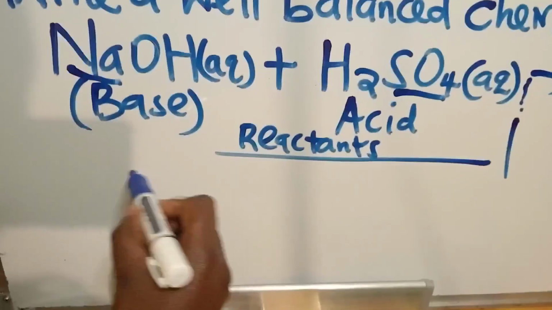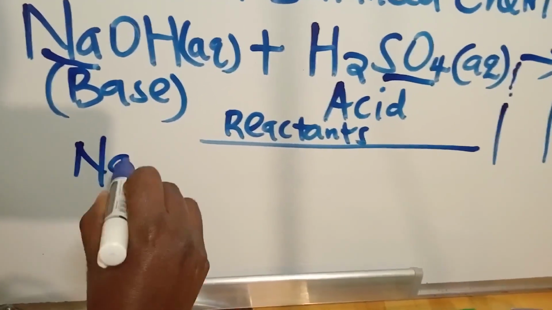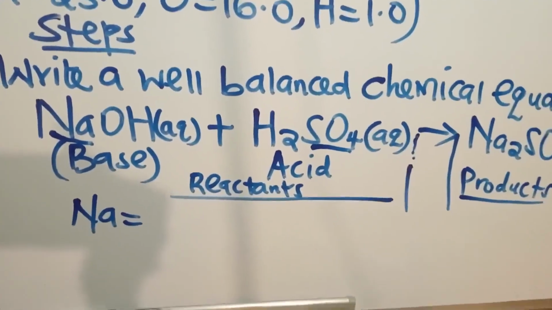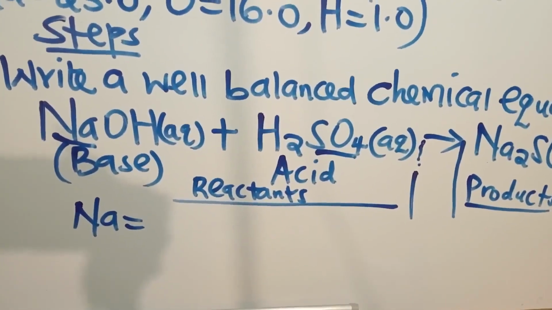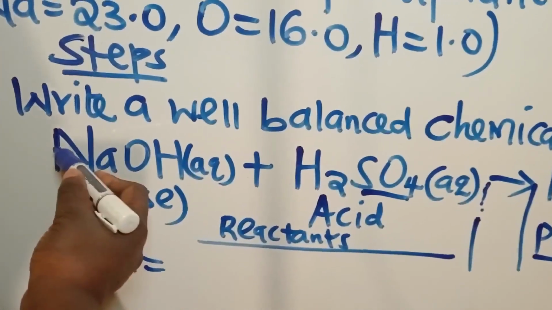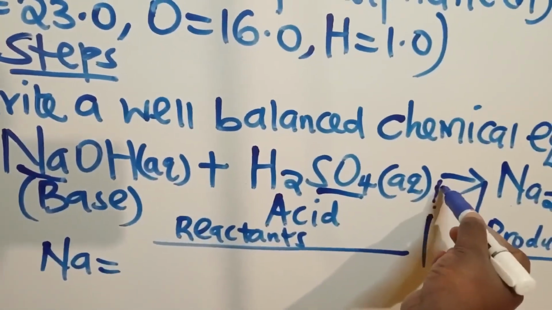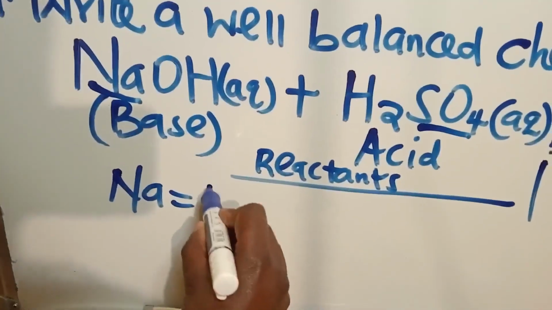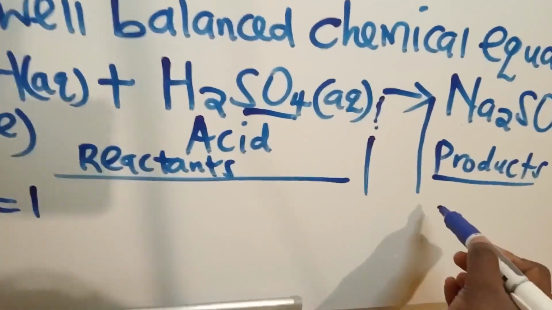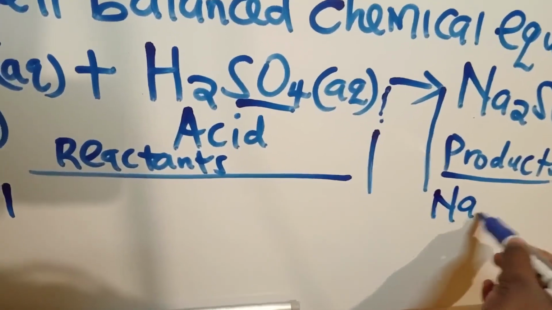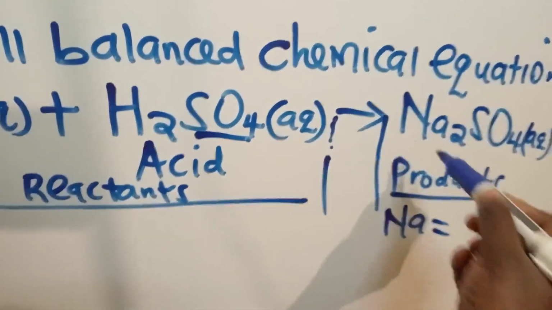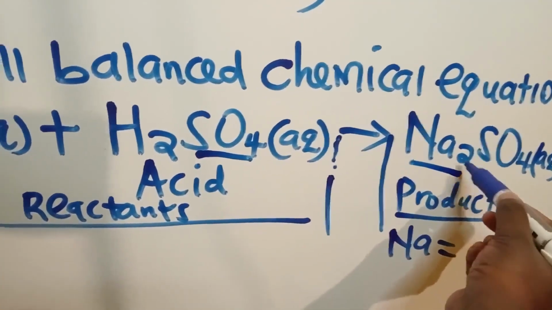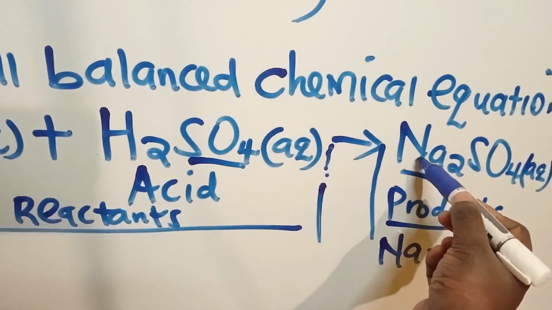So we begin with sodium. So we check how many sodium elements are on the reactant side, from this side all the way to where we have the tail of the arrow. So sodium is just 1. On the product side, sodiums are 2. These 2 belong to sodium only.